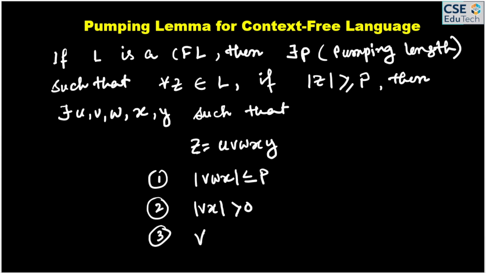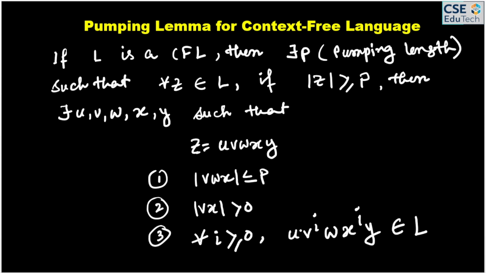Number 3, for all i greater than or equal to 0, U V^i W X^i Y belongs to the language L. That means V and X can be pumped. So this is the formal concept of the pumping lemma for the context-free language.